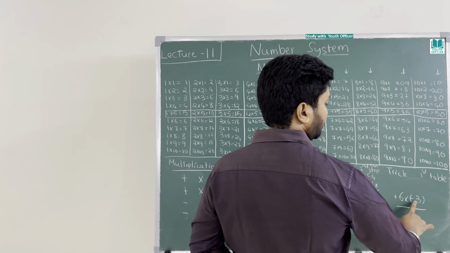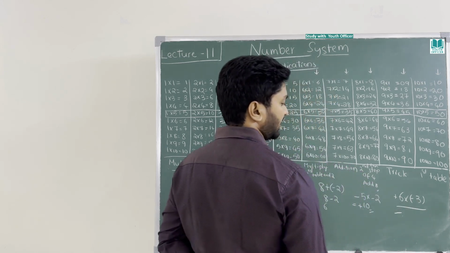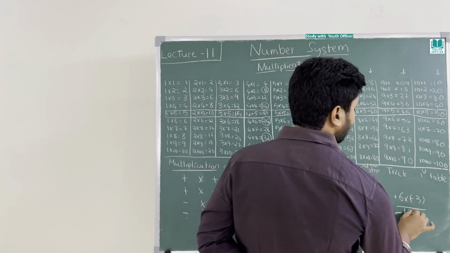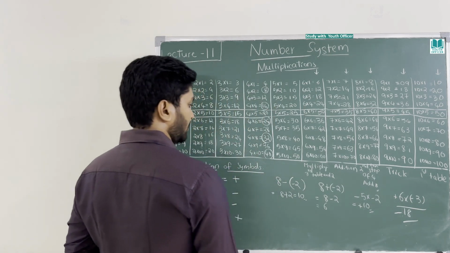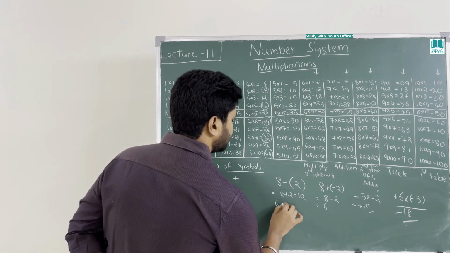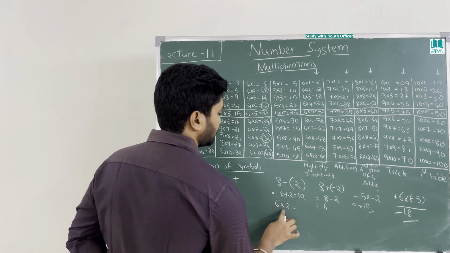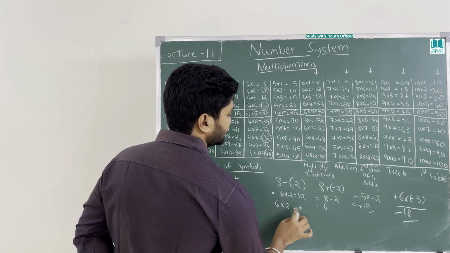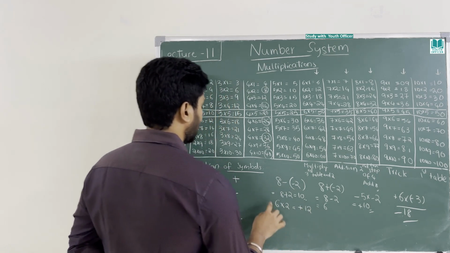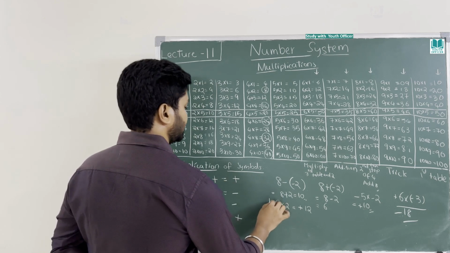Plus into minus is minus. The answer will be minus. 6 3s that is 18. Or they can give 6 into 2. Two positive signs. Positive into positive, you will get positive only. 6 2s are 12.